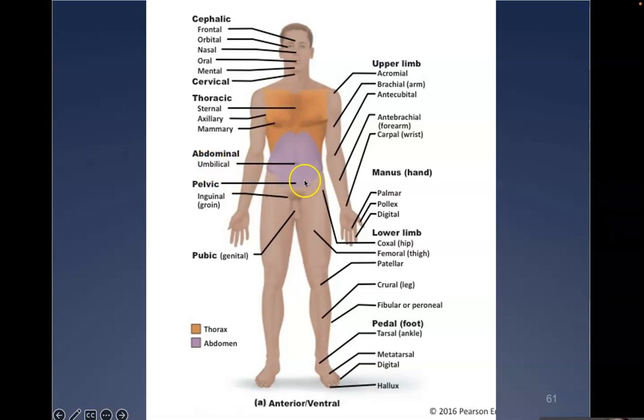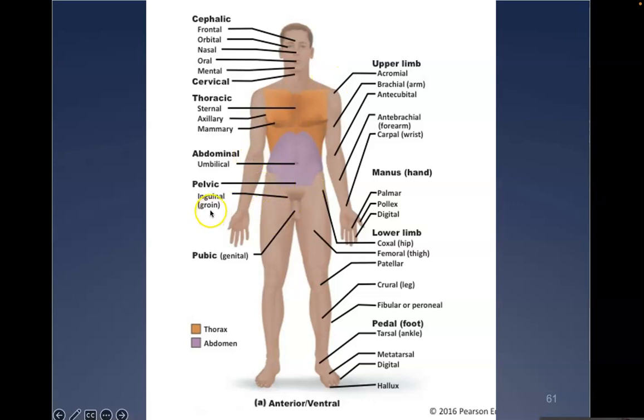When we talk about the abdominal region, umbilical is a term that we'll use that obviously goes right around your belly button. Pelvic region, we'll talk about the pelvic region as being that area that includes, and I'll get to this in a minute when we talk about the abdominal cavity, including all of these digestive organs. And then the pelvic region is going to include things like your urinary bladder and then your reproductive organs.